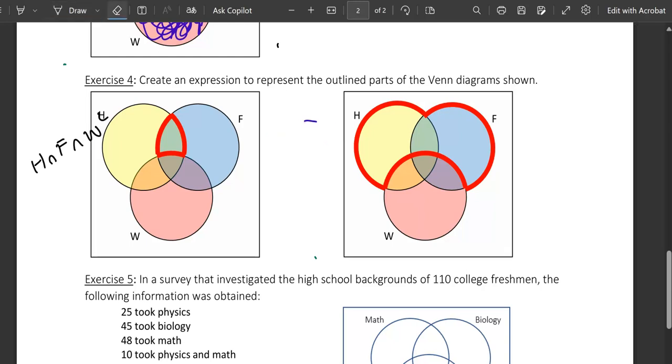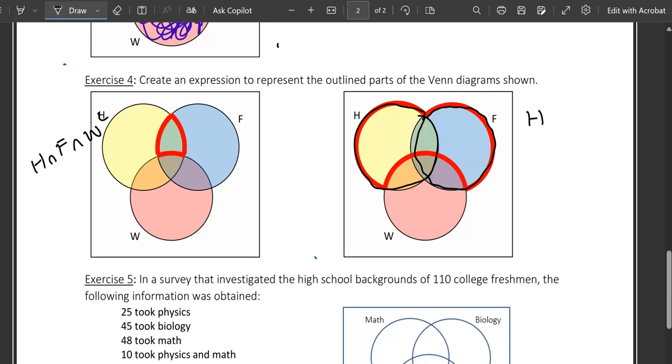And the next one here. We got this one here. Look at that. That's kind of weird. I can tell you if we looked at this whole thing here and that whole thing there, I could say that that is H union with F, all of H, all of F, and all where they overlap.